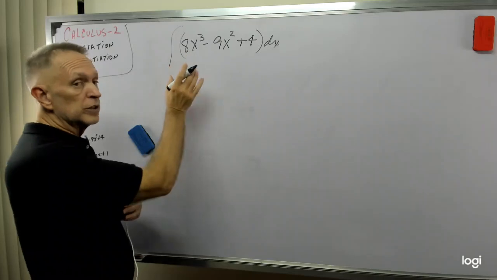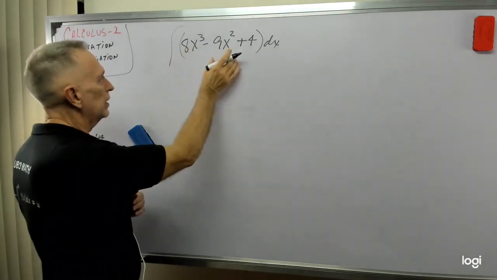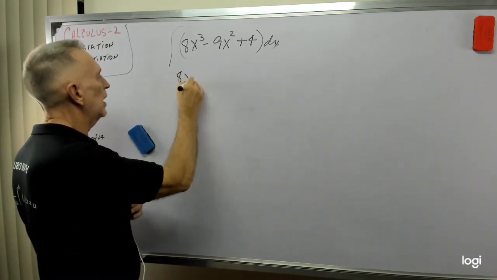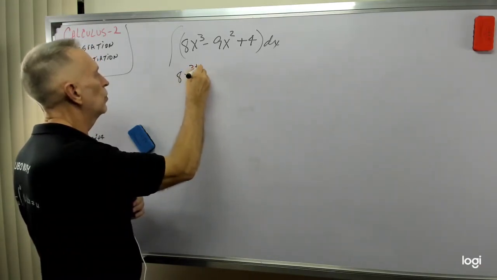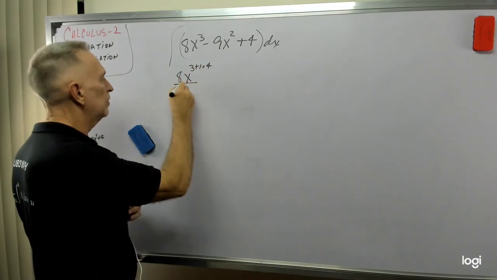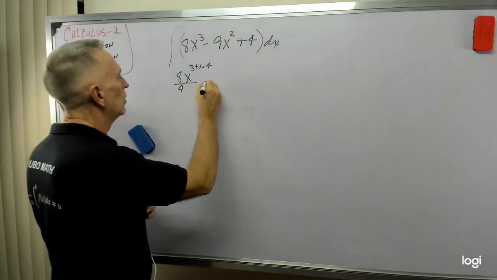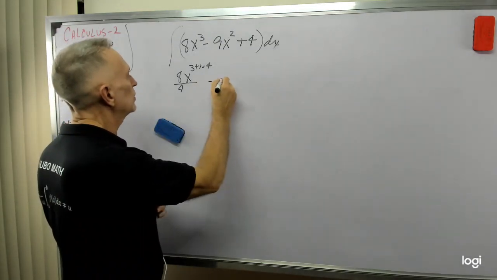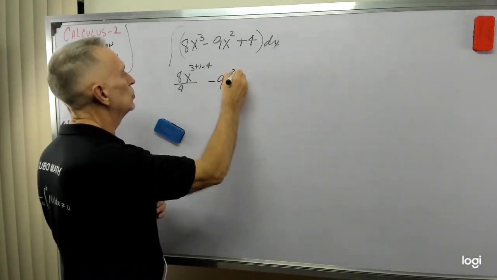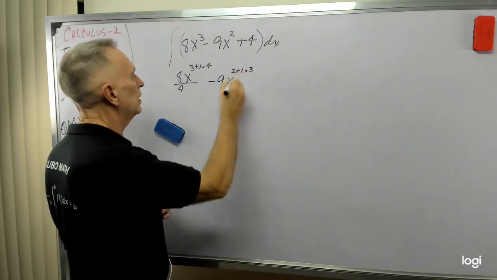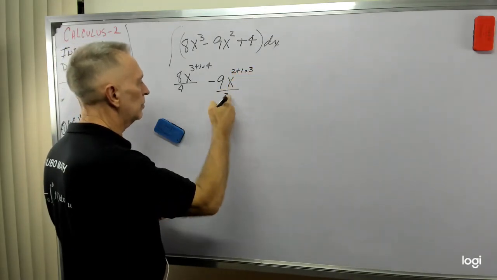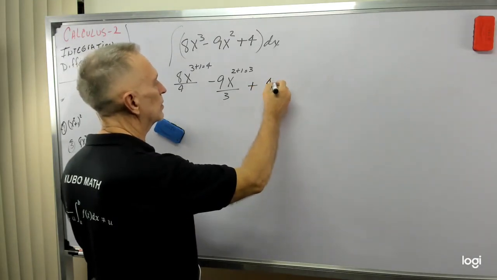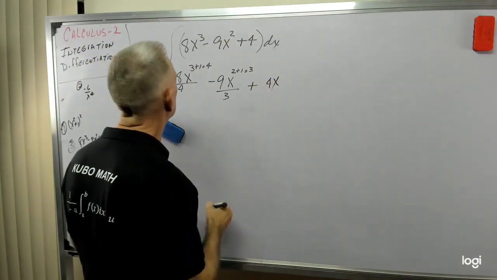Well, as we stated earlier, we can integrate these individually. Let's just do it here. We have 8 times x cubed plus 1, and that equals 4, divided by that 4, minus 9x to the 2 plus 1, which is 3, so divide by that 3, plus 4, and integrate a constant, just 4x.